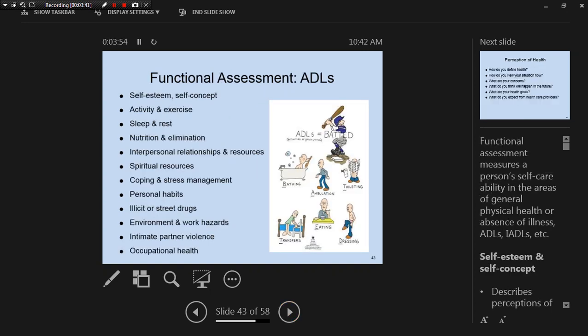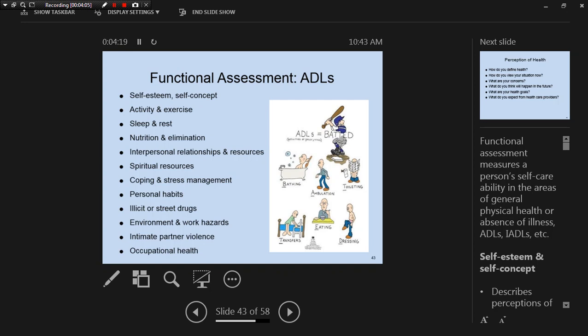Okay, so our functional assessment. If you look under the handout section for week 1, you see that there's a Word document for Gordon's functional assessment. This is more geared towards nursing. It allows us to be much more holistic in our assessment data. It's more about self-care ability in specific areas.